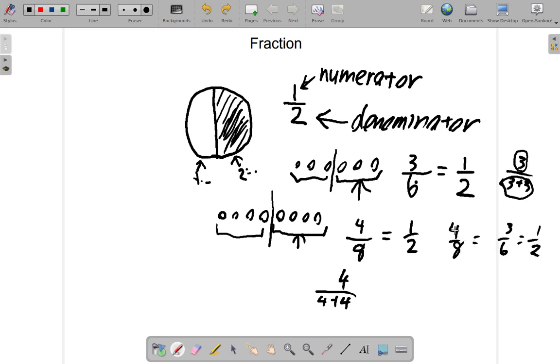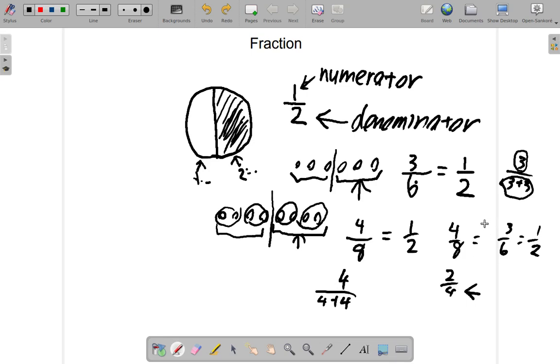All right, 4 out of 8, you might have guessed it, is also equal to 2 out of 4, because if I consider pairs of apples, and I have 1 pair, 2 pairs, 3 pairs, 4 pairs of apples, I have a total of 4 pairs. Total number of equal parts is 4. That's the denominator. I get 2 pairs of apples out of the 4, so it's 2 out of 4.